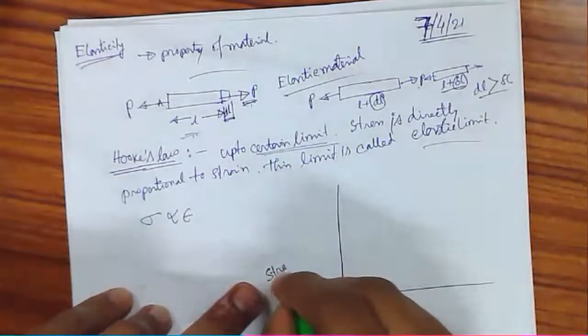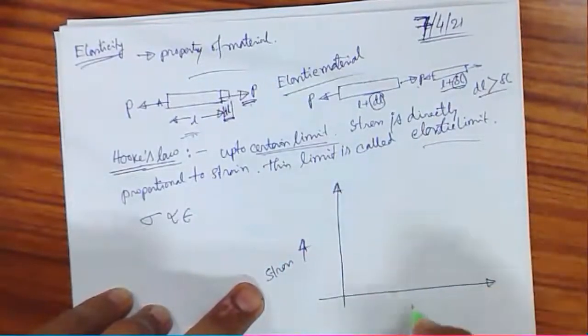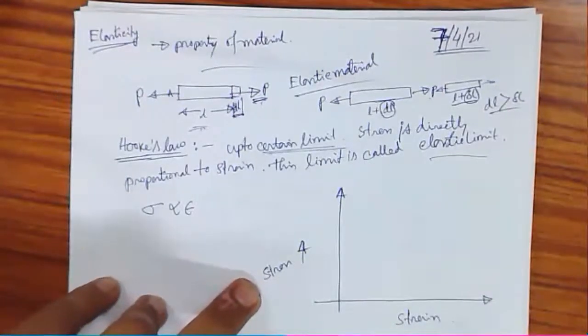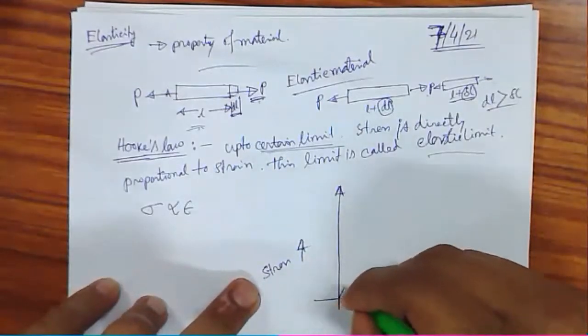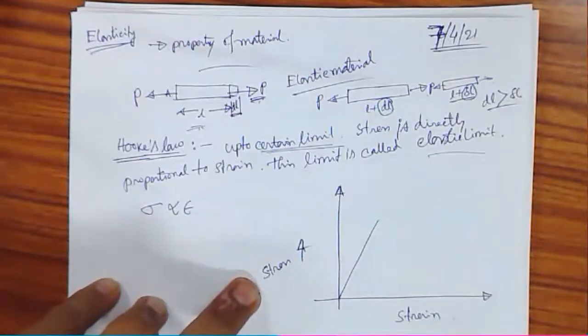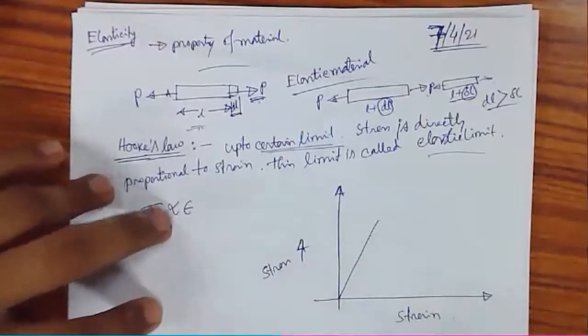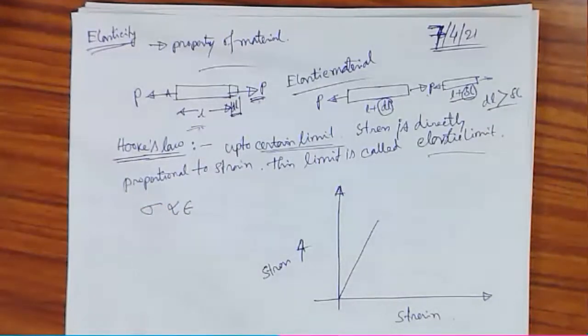This is the stress along this strain. Now, if we continue to increase the stress, initially the curve will be a straight line. After that, this curve will be different for ductile material and different for brittle material.